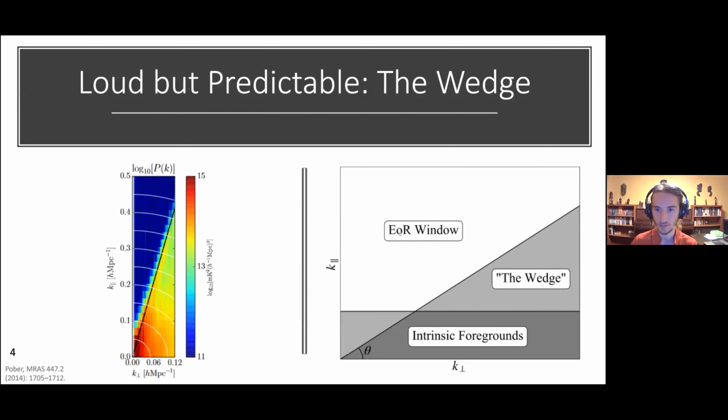In this figure on the right, the galactic emission is contained in this wedge and intrinsic foregrounds region along the perpendicular k modes in the sky plane. Whereas in this region, which is called the EOR window, those Fourier modes should be mostly free of contamination from galactic and extragalactic sources.